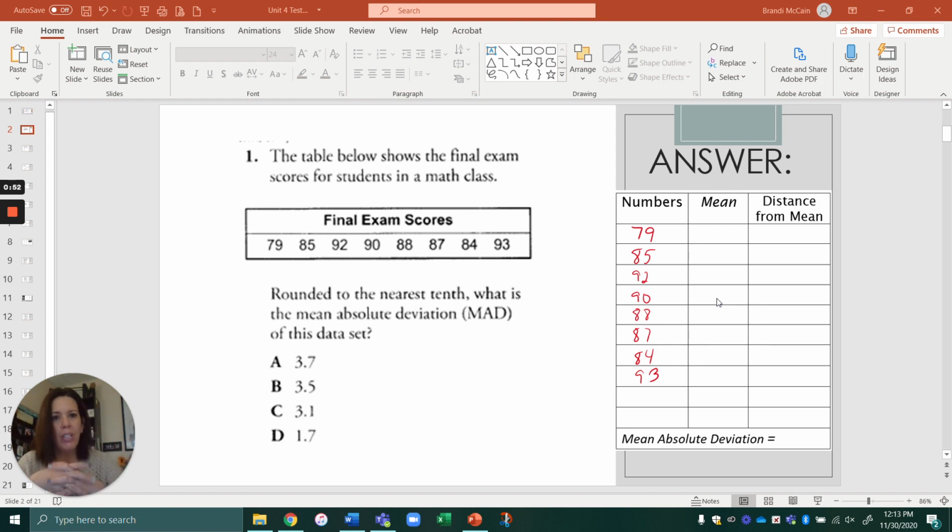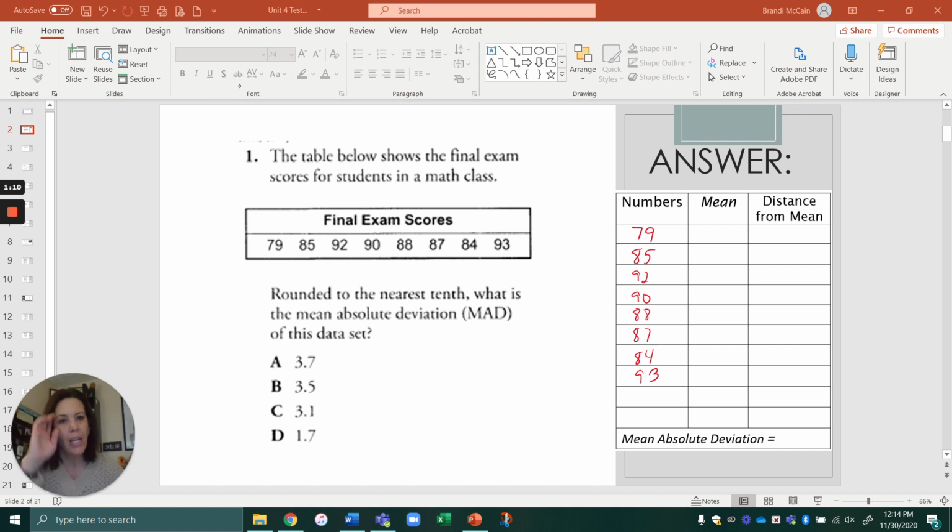So mean absolute deviation. Remember, we have to find the mean. We take all these numbers, add them together, and divide by 1, 2, 3, 4, 5, 6, 7, 8, and that gives us 87.25.